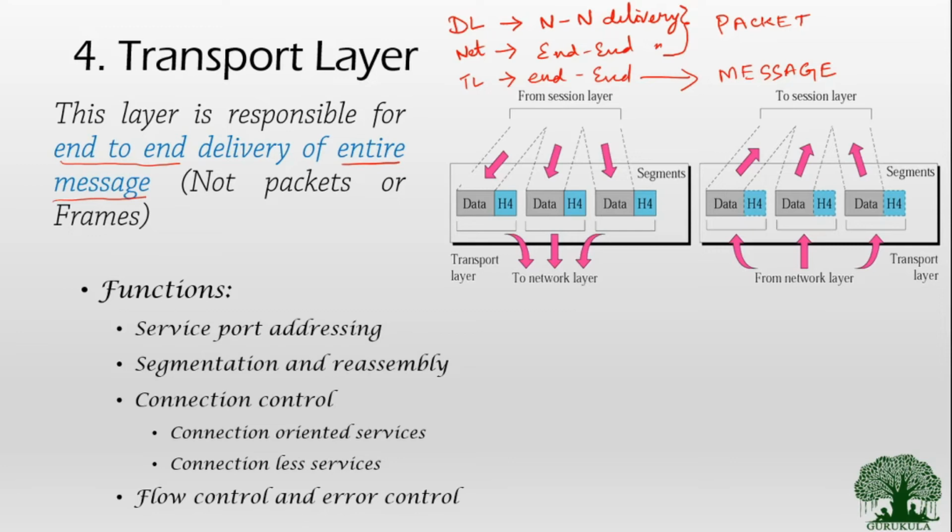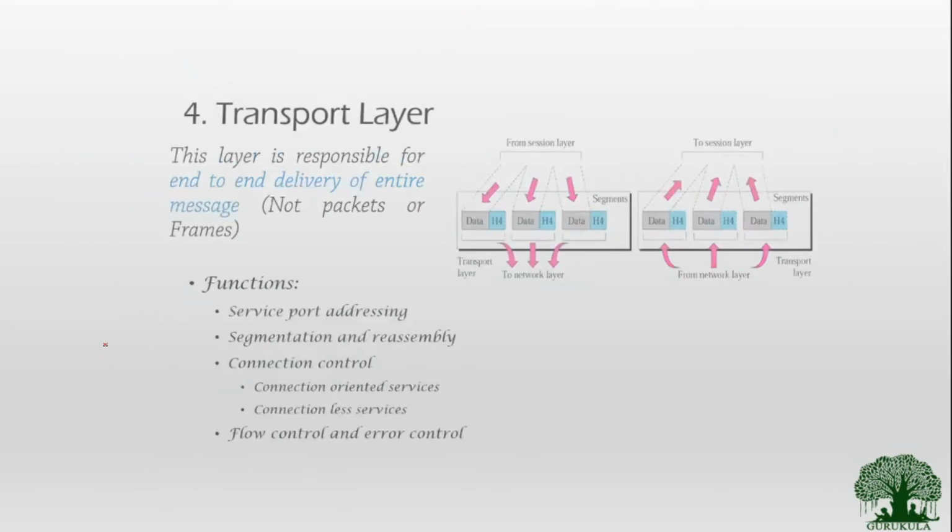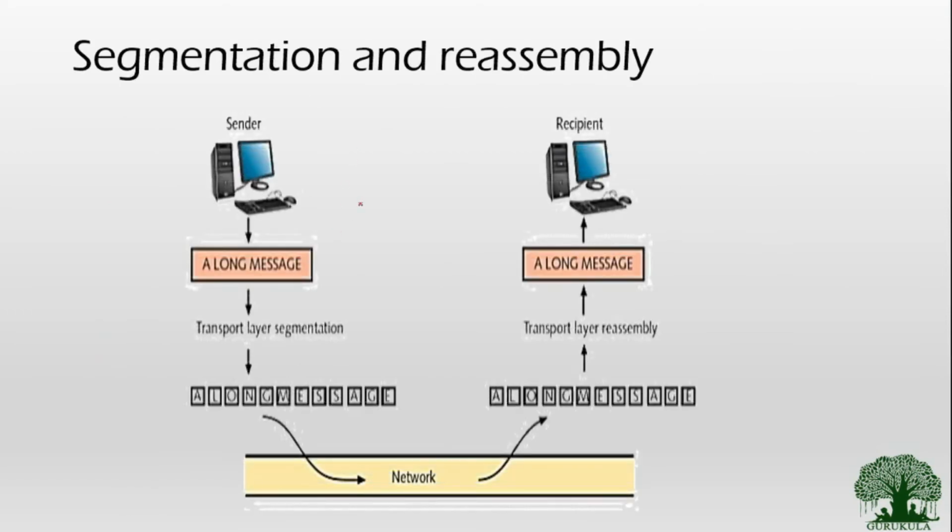Now let us talk about what exactly segmentation and reassembly are. Segmentation and reassembly represent the process of dividing a very long message into small chunks of packets, which is what we call segmentation. In a network, a particular link that connects one node to another node will have a certain amount of capacity.